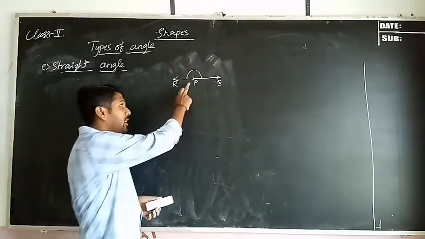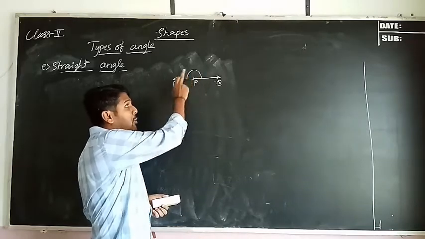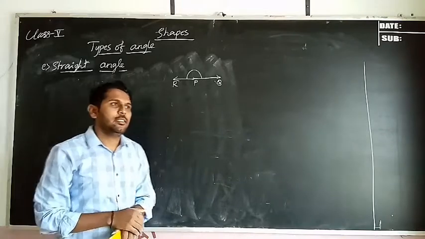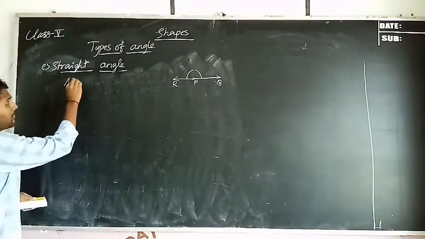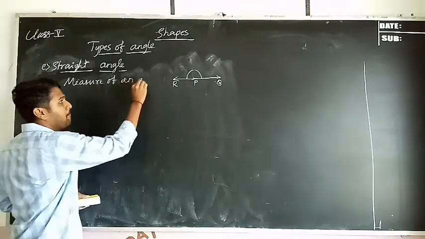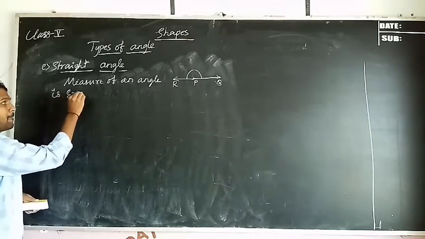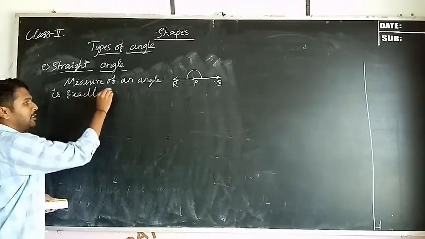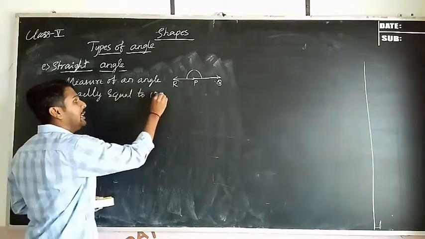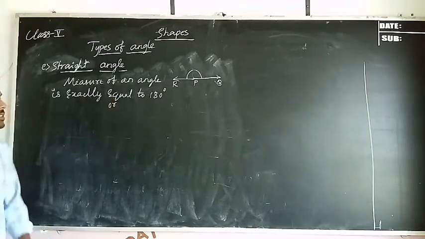Otherwise, the final ray lies on 180 degree, then the angle formed between initial ray and final ray is called a straight angle.